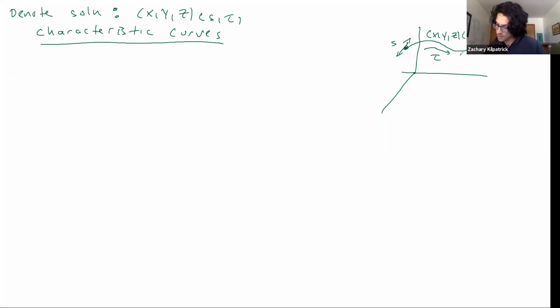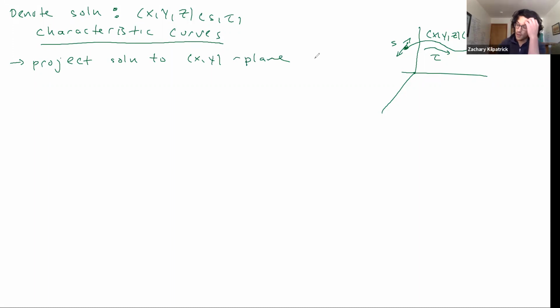And these characteristics project the solution to the xy plane, okay? So the point is that I have a solution that's parameterized by s and tau. At the end of the day, I don't really want this solution in terms of s and tau. So what I have to do is invert this expression to get z just in terms of x and y instead of s and tau, okay?